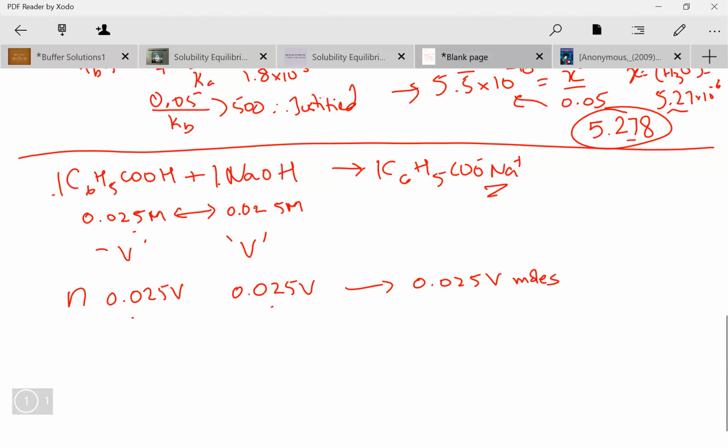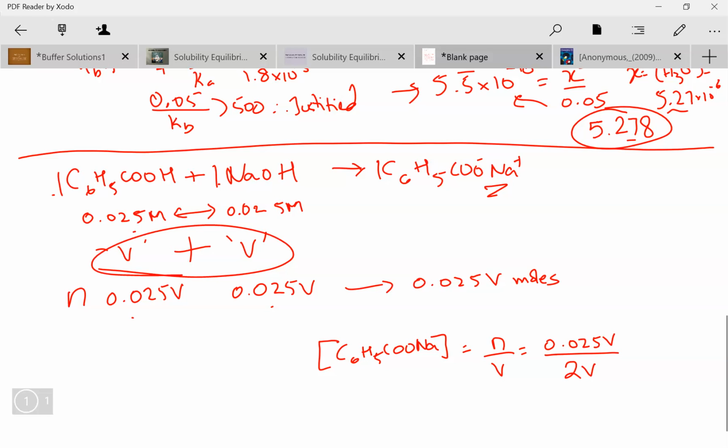And now that I have my moles, I'm going to find concentration of C6H5COO minus by doing number of moles divided by volume, 0.025 V. Now the volume here would be 2V because I have to do V plus V, essentially, because my total volume is double whatever original volume I had.